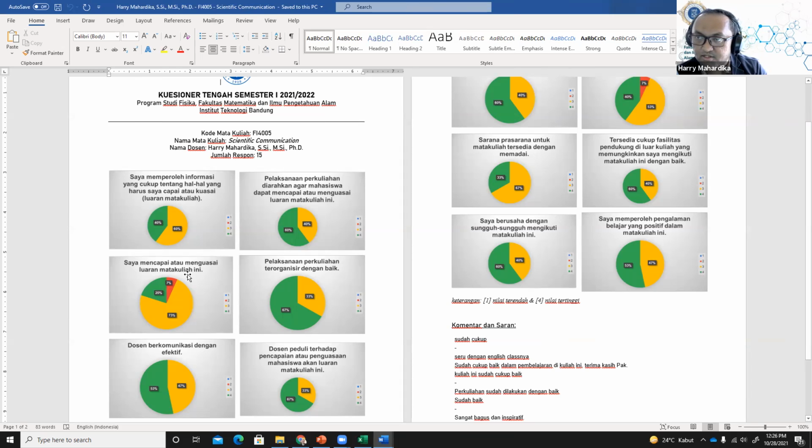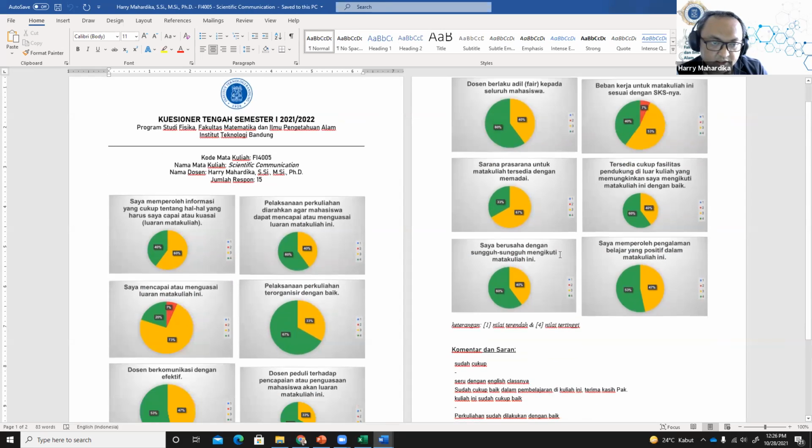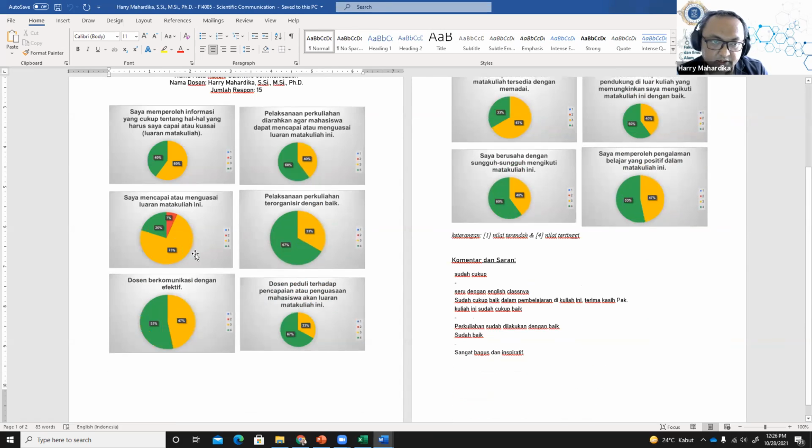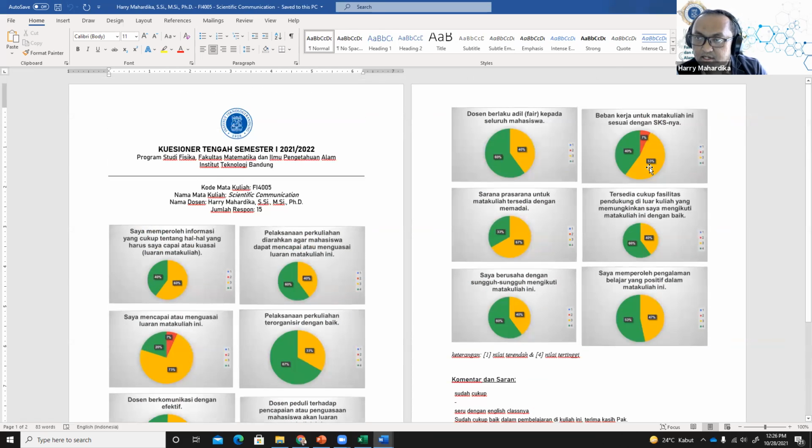Since this questionnaire is given in the mid-semester, I hope by the end of the semester this number is decreasing. And also in entry numbers 3, 4, 5, 6, 7, 8.